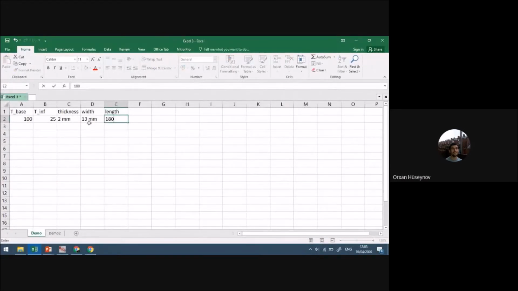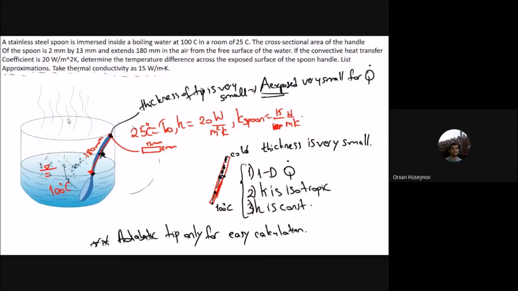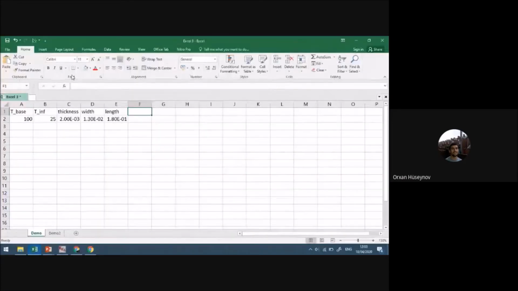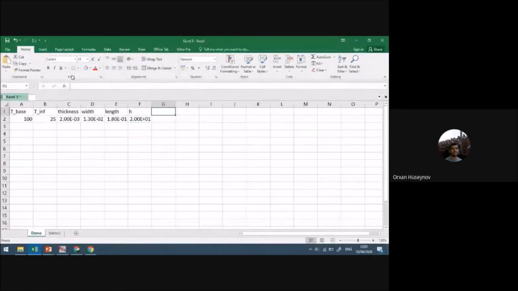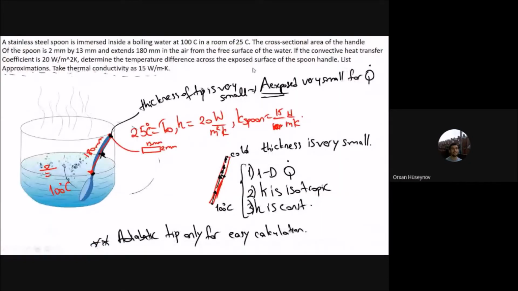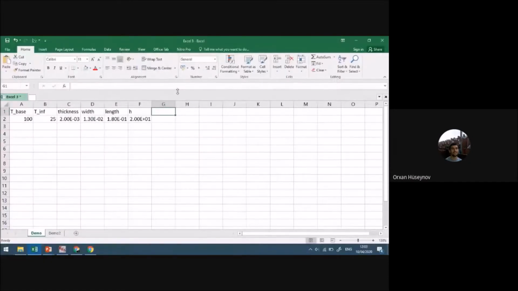I should convert these into SI units. So 2e minus 3 means millimeters converted to meters, and 180e minus 3 again gives SI units. Then the convective heat transfer coefficient is 20, and conductivity is 15. These are the values that we have.